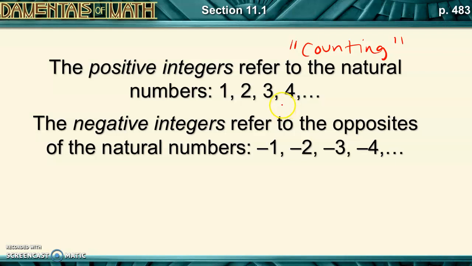And remember when everybody's all proud that you can count to 10? Now they don't really care about that as much as understanding integers, positive and negative. Well, now you're on that track, all right? Because counting numbers are the positive integers. Negative numbers are the opposite of those natural numbers. So the opposite of 1 is negative 1. The opposite of 2 is negative 2, and so on. Cool?